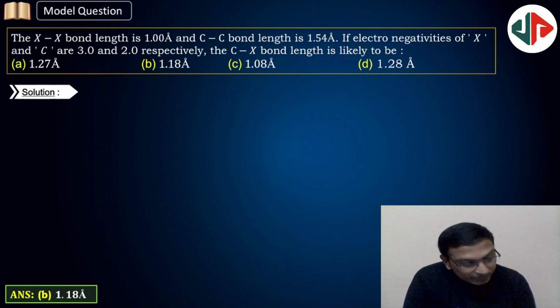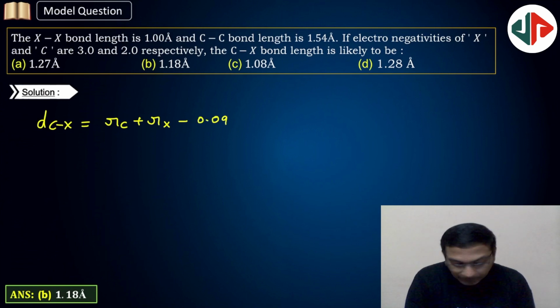So here direct formula: bond length CX equal to radius of C plus radius of X minus 0.09 into the difference of electronegativity. So very important, radius of C is half of the internuclear distance, 1.54 by 2.